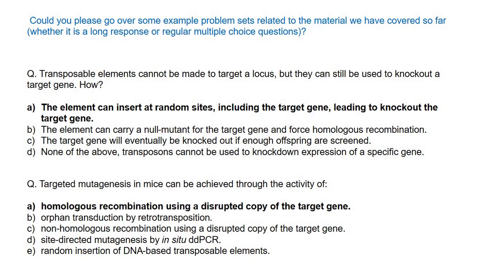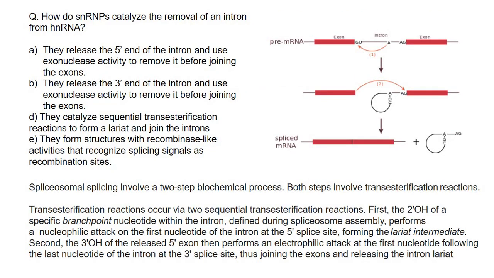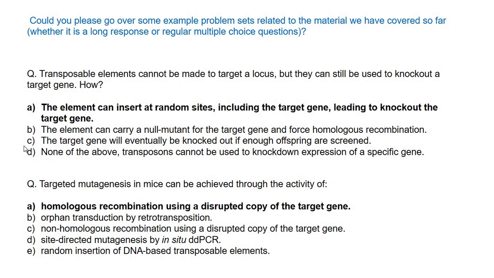That can disrupt our target gene. So that's very similar to what we already covered. This is not new material. This is from the previous test when we were talking about homologous recombination, and also we talked about how CRISPR uses this homologous recombination.